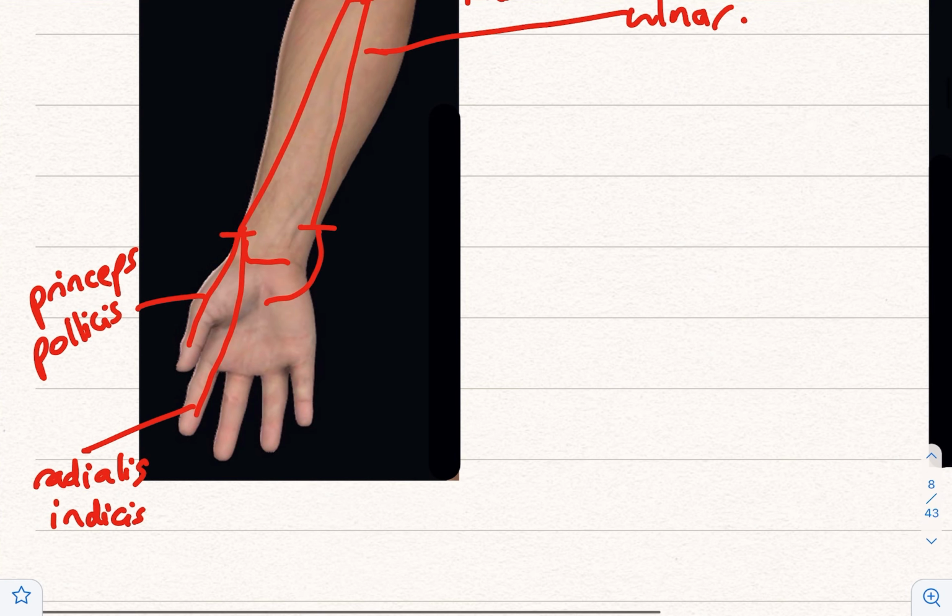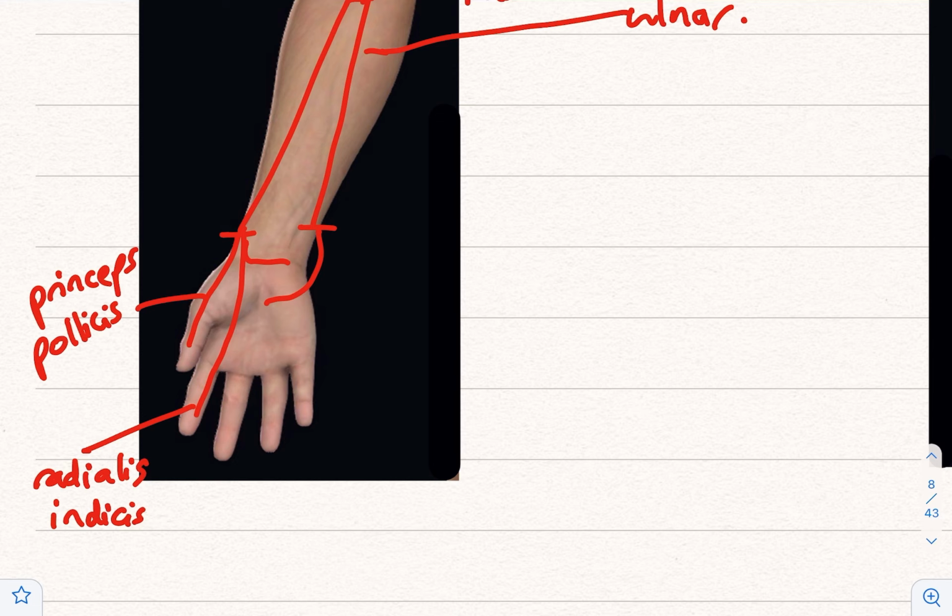And then this other random line I drew is called the deep palmar arch. Palmar, i.e. the palm of your hand, and deep, i.e. not near the surface. That means there must be a superficial palmar arch. That's this one, coming off the ulnar artery. The ulnar artery was the one with the common interosseous arteries.